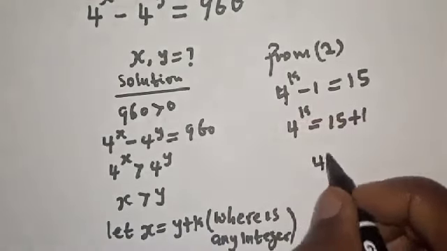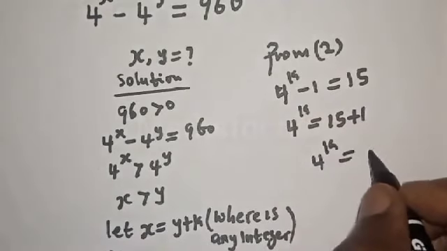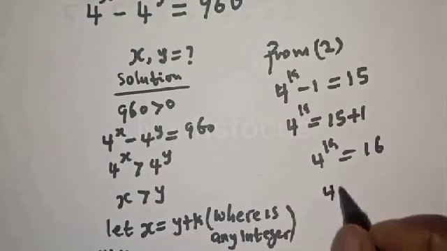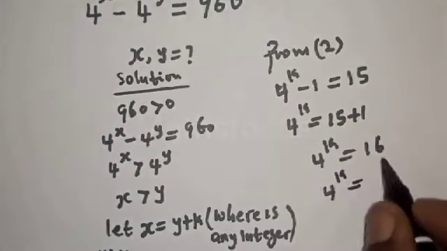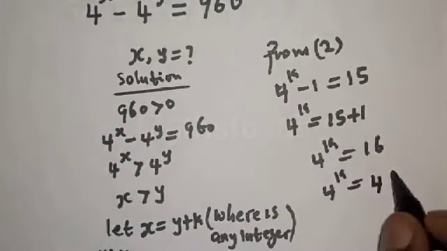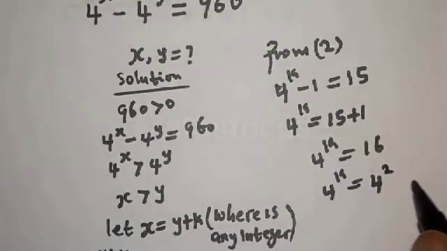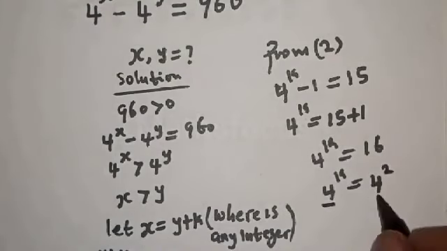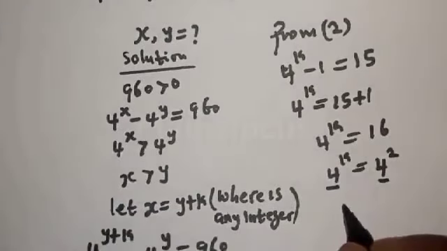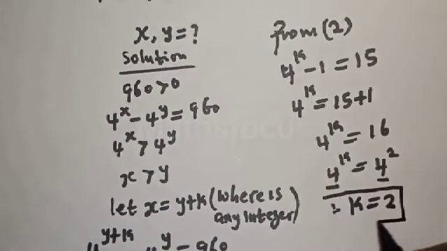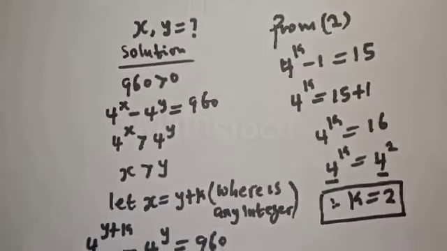Then 4 raised to the power k is equal to 16. 16 is 4 squared. They have the same base, 4. Therefore, k is equal to 2. This is the value of k.